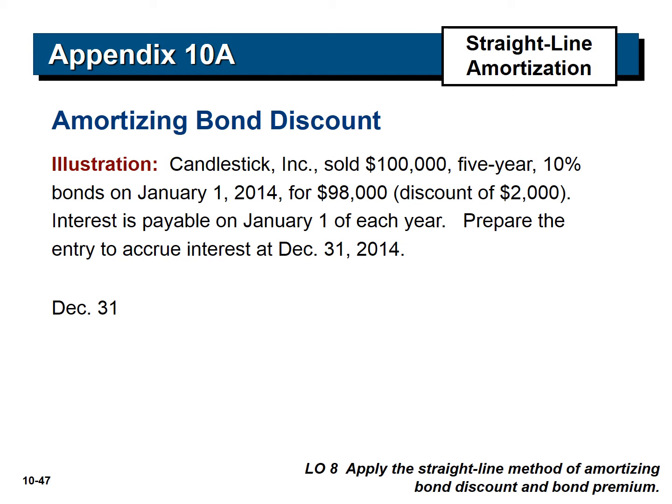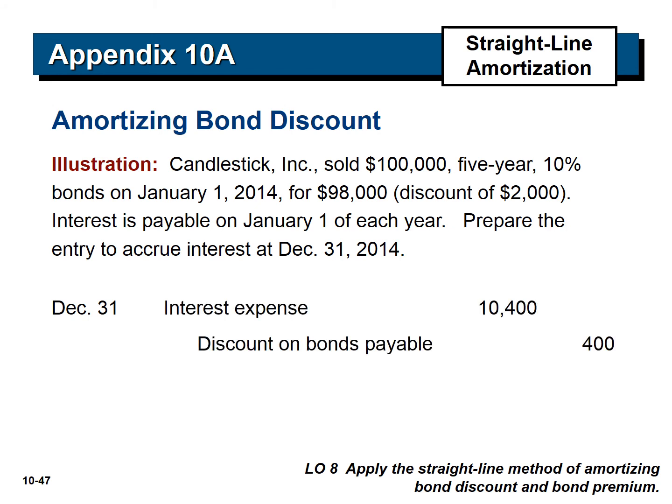Candlestick Inc. sold 100,000 5-year 10% bonds for $98,000. Now this is the same example we had earlier, but they want you to not do the initial entry, but the entry to accrue interest in December.